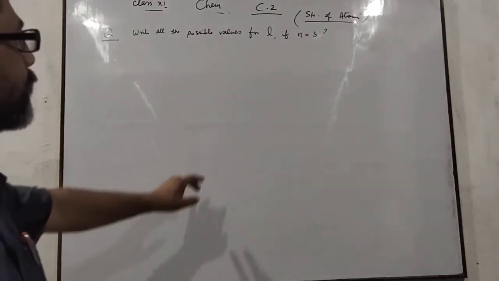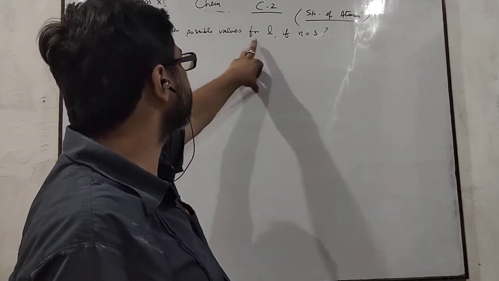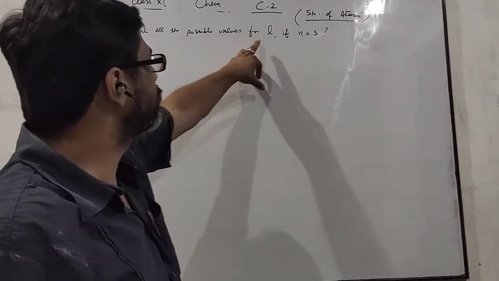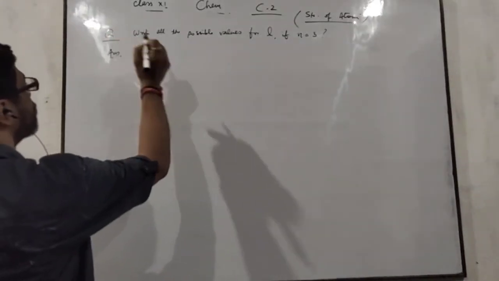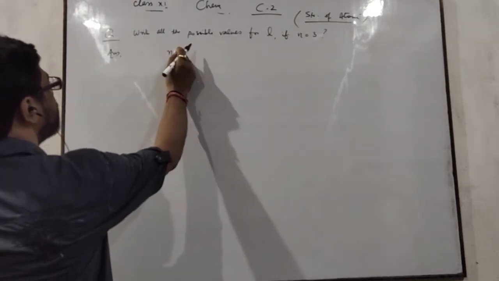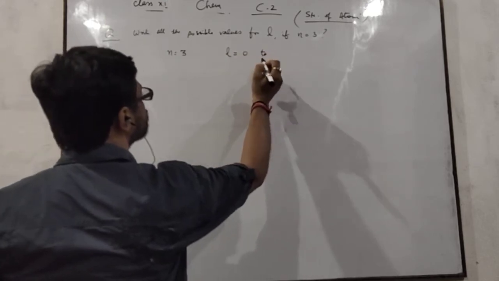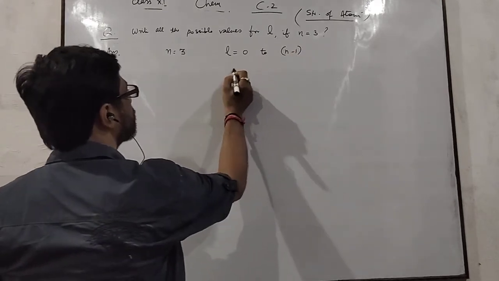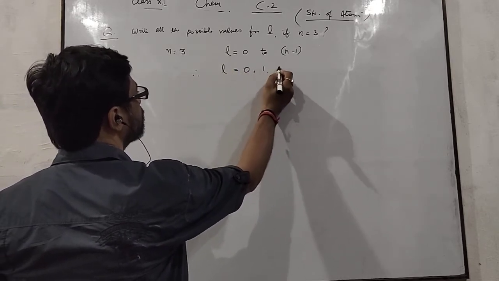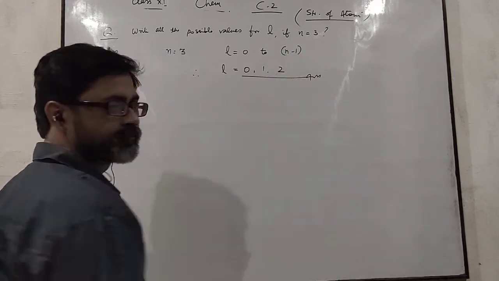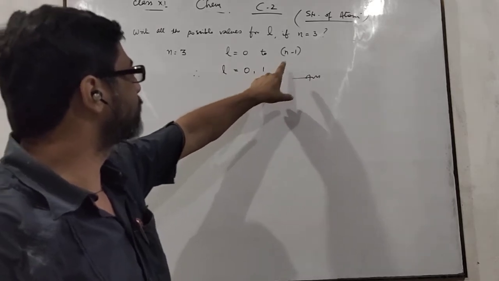Means, if the principal quantum number n equals 3, then what will be the possible values for the azimuthal quantum number? Answer: you know that for any given value of n, the value of l starts from 0 to n minus 1. Hence, the value of l will be 0, 1 and 2. This is the answer of your question.